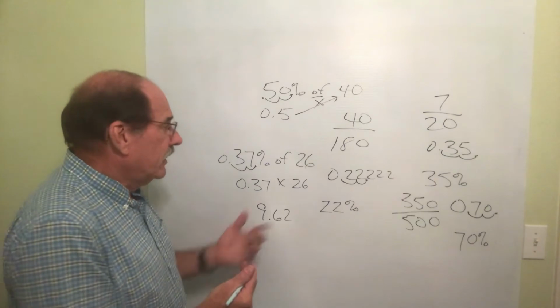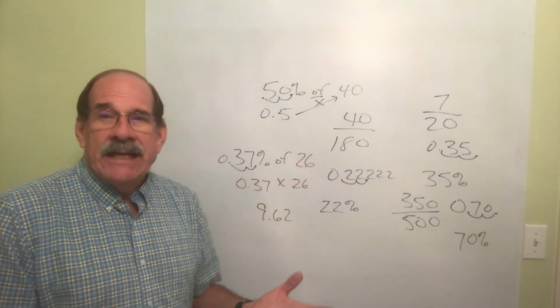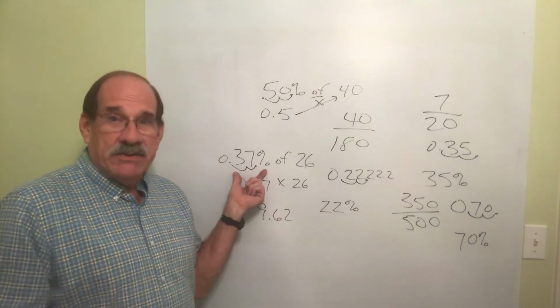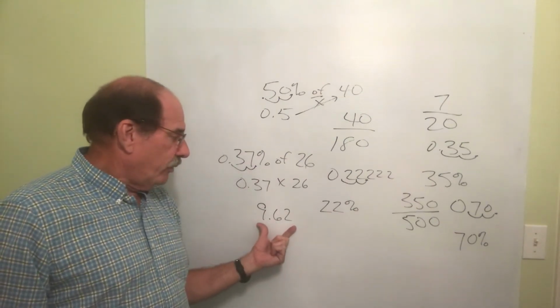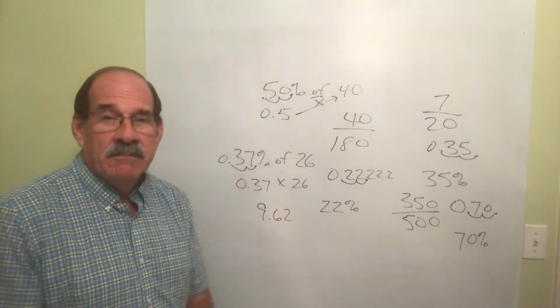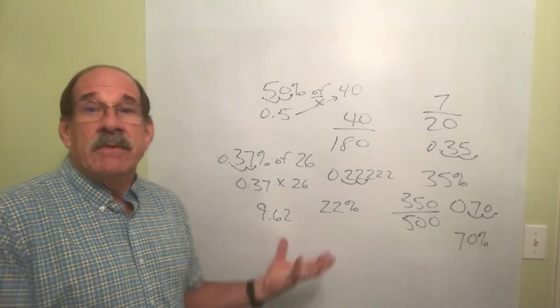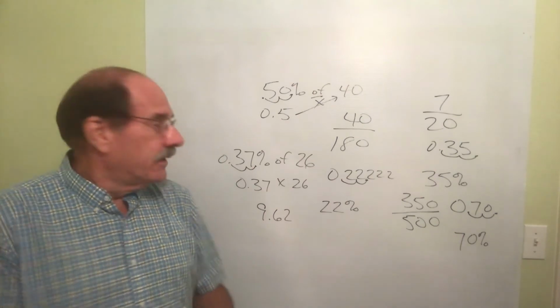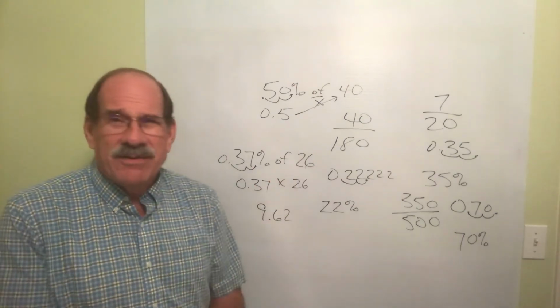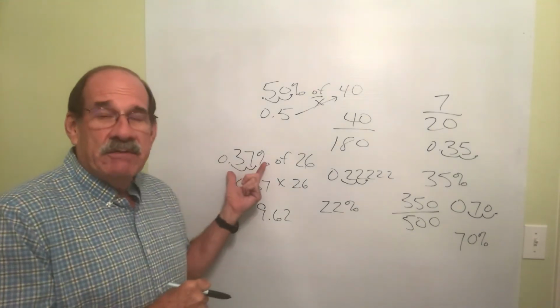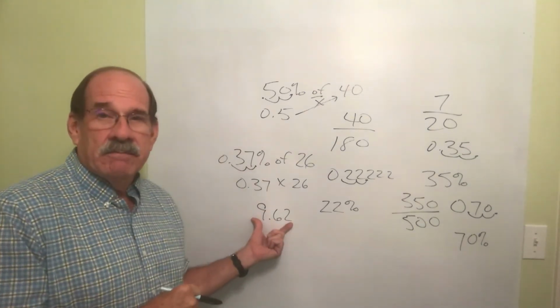Let's say you have 26 people in a classroom and 37% of them passed the class. Then 9.62 of them passed. Yeah, I've had some of those 0.62 people in class sometimes, but okay, that's the answer. Or you have 26, I don't know, ounces of something, and 37% of it's gone. Well, that's how much is gone.